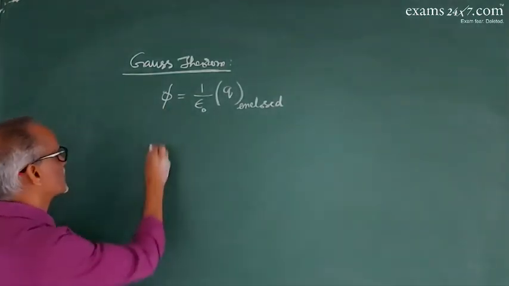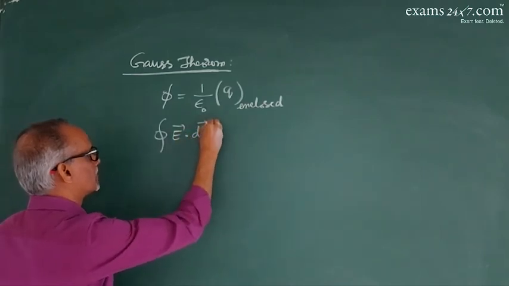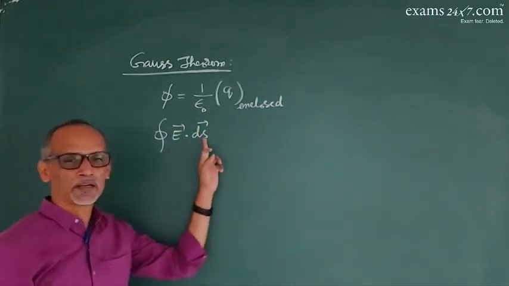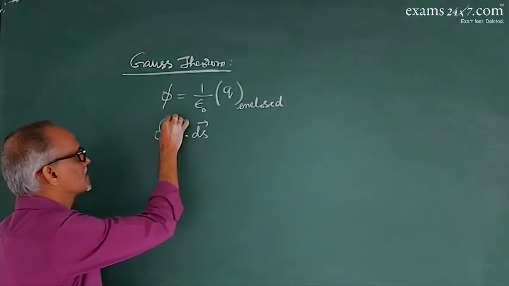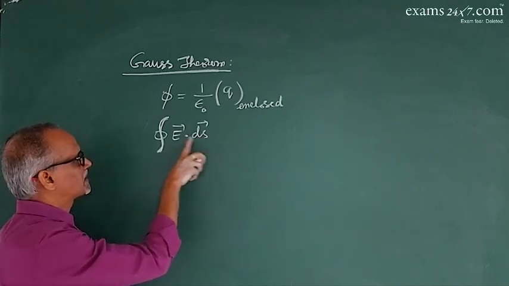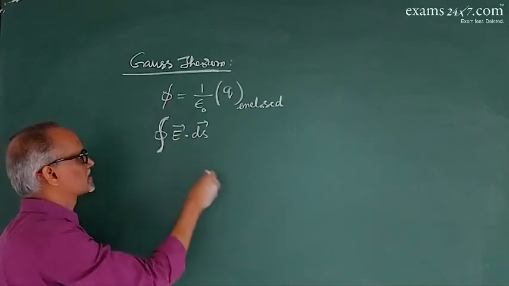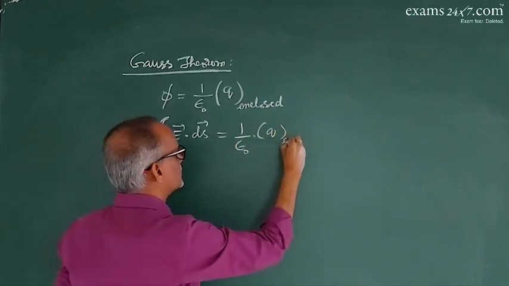The flux can also be measured as a surface integral of the electric field. So this is the surface integration. The surface integral of the electric field is equal to the flux, so that's why it is also equal to 1 by epsilon naught into Q enclosed.